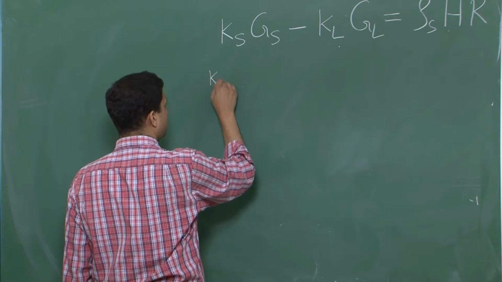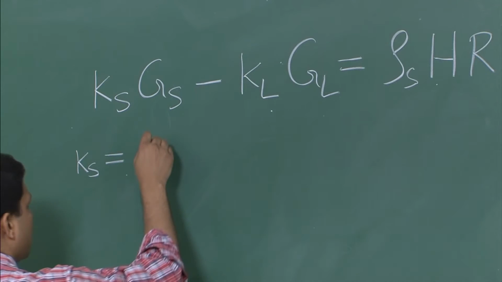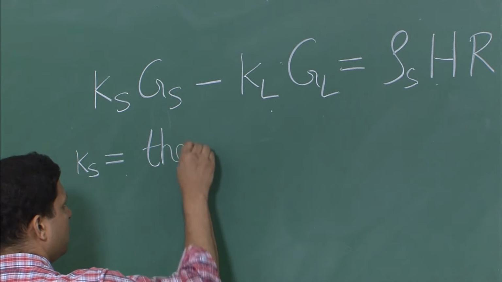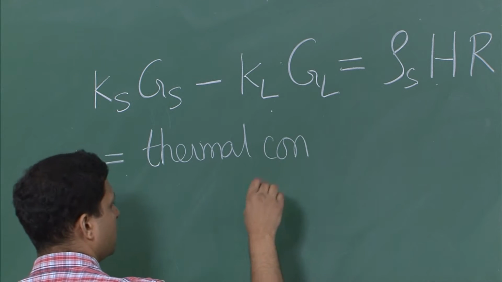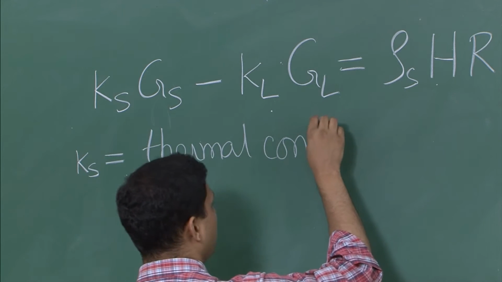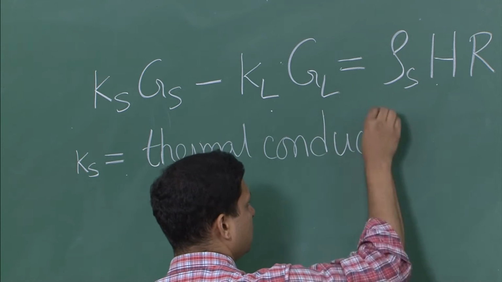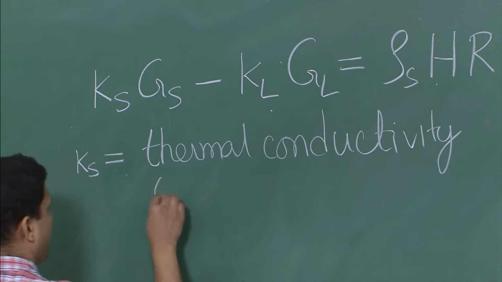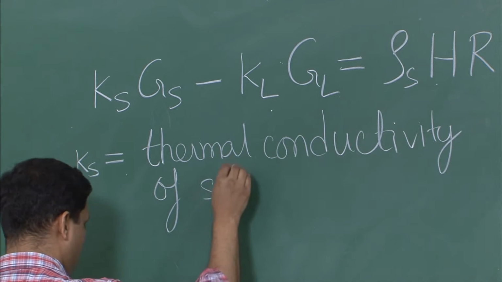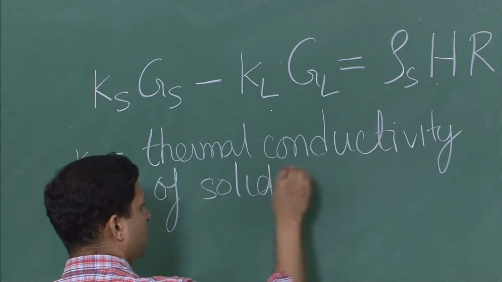Ks is simply the thermal conductivity of the solid, and I will give you the usual unit that this equation is valid for.